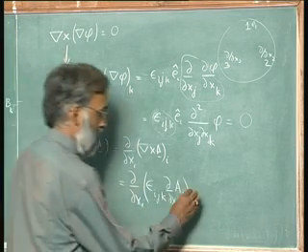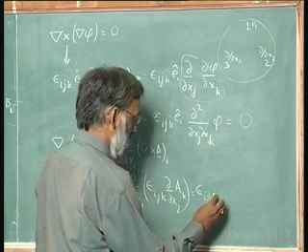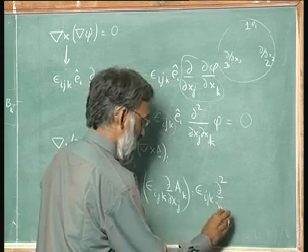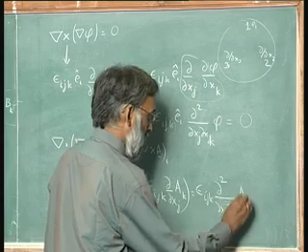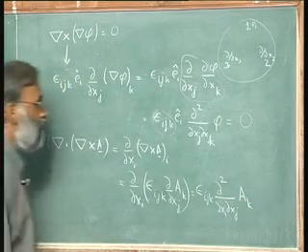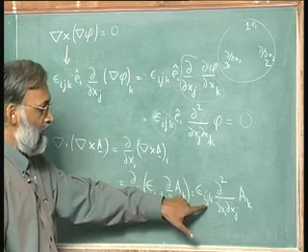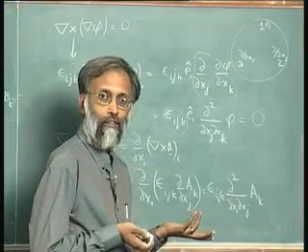So, I can write it out again, epsilon i j k del squared del x i del x j of A k. Almost the same thing, but not quite. I have my first two indices rather than my last two indices, but epsilon does not care.